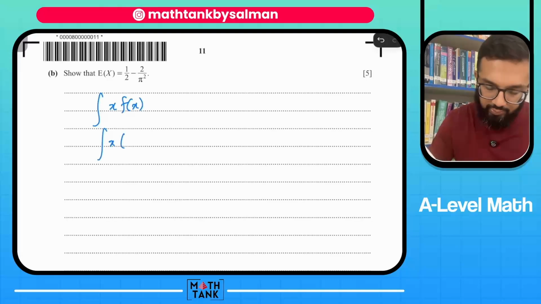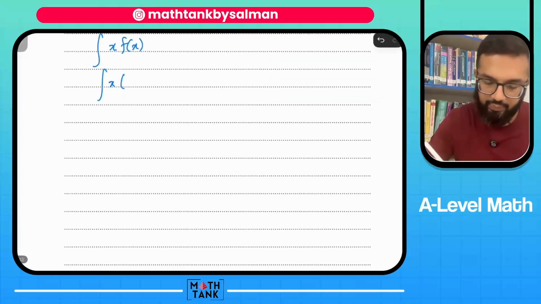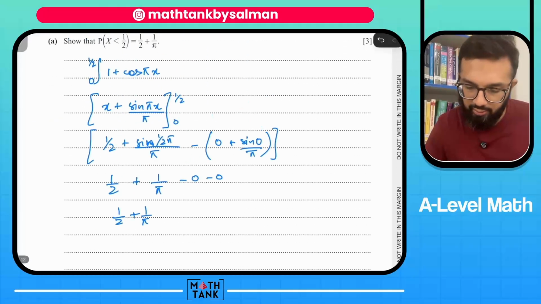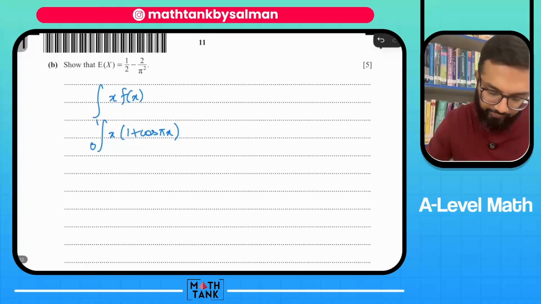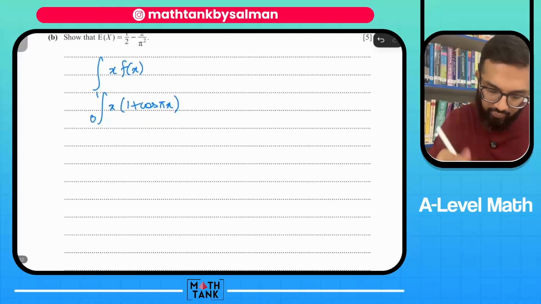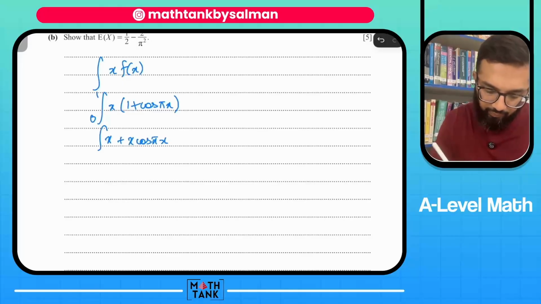So x into 1 plus cos pi x, and I integrate over the entire limit 0 to 1. So x plus x cos pi x, giving X square over 2, and then isolate for this one.